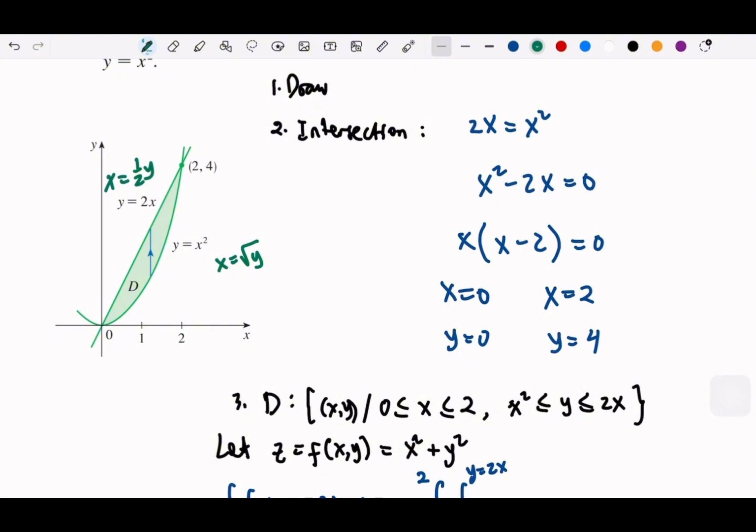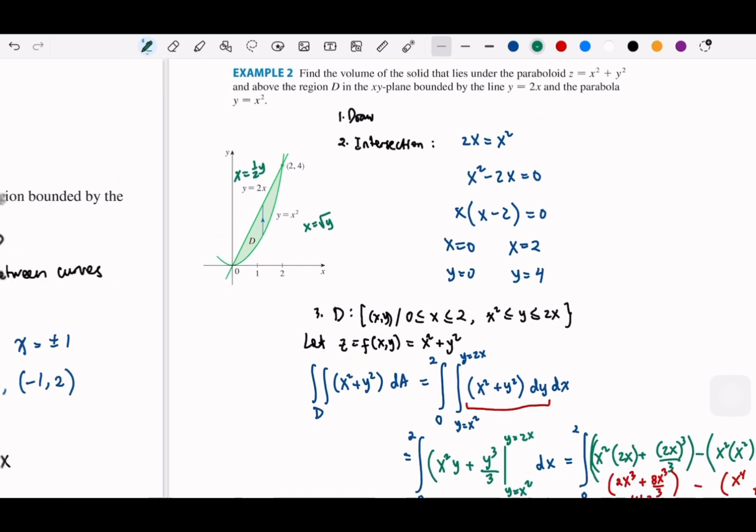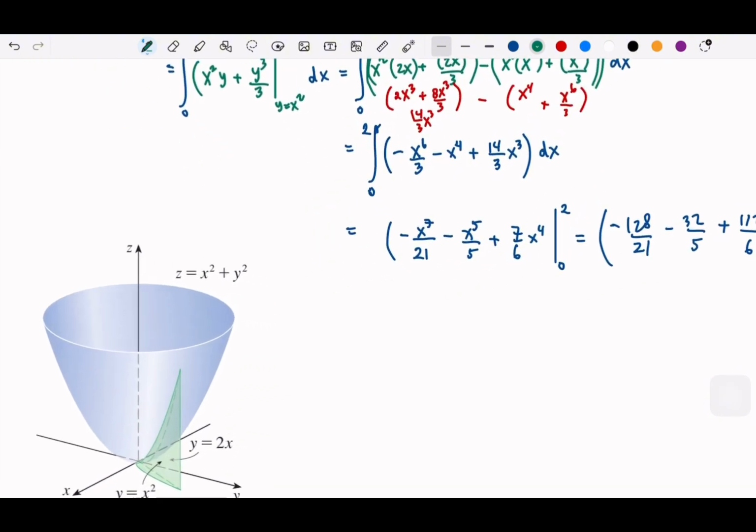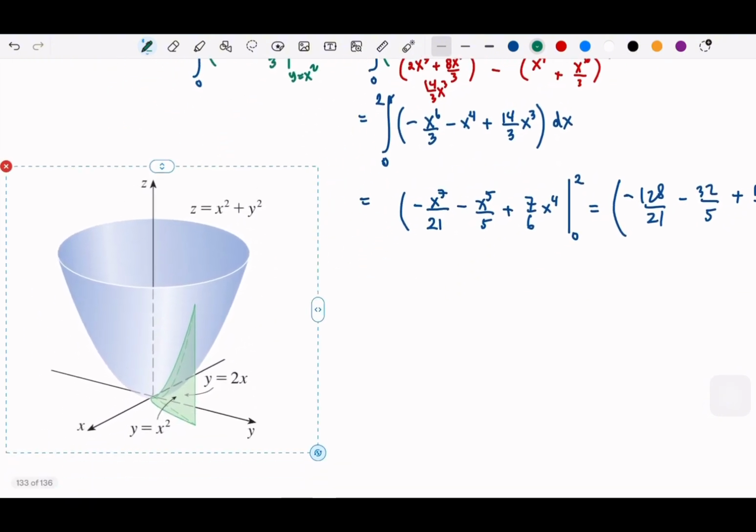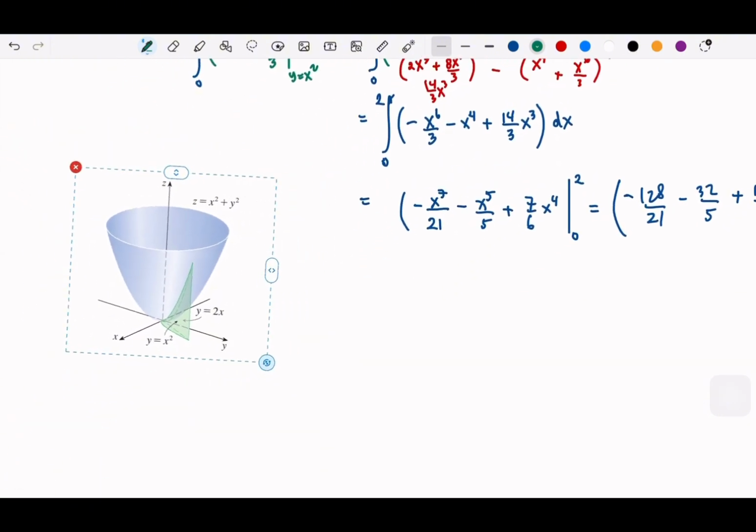So we can use this also for our double integrals, and we could choose y that starts from 0 to 4. Okay. And this is the picture if you are interested to see how it looks like. It's actually like that.